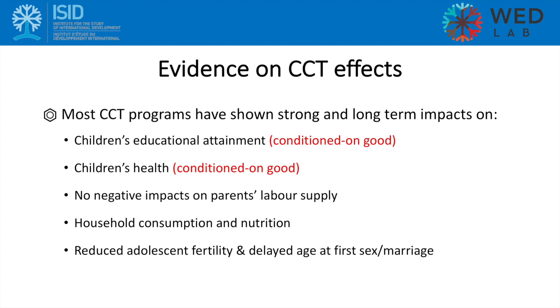The overwhelming body of literature all points to very strong results there. This is really good, but it also shouldn't be surprising, especially with conditional cash transfer programs, because this is what's being conditioned on.